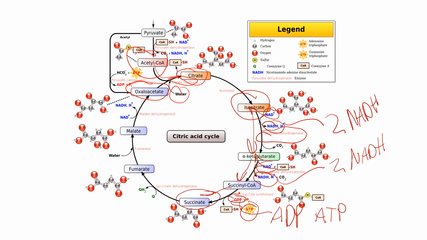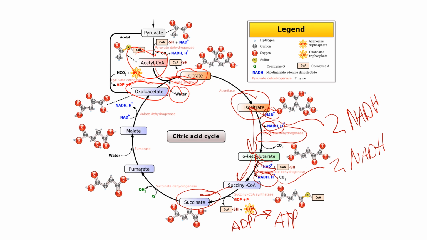And what's important to note here is that GTP is going to function a lot like phosphocreatine. One of the phosphates from GTP will be given to ADP to resynthesize ATP.